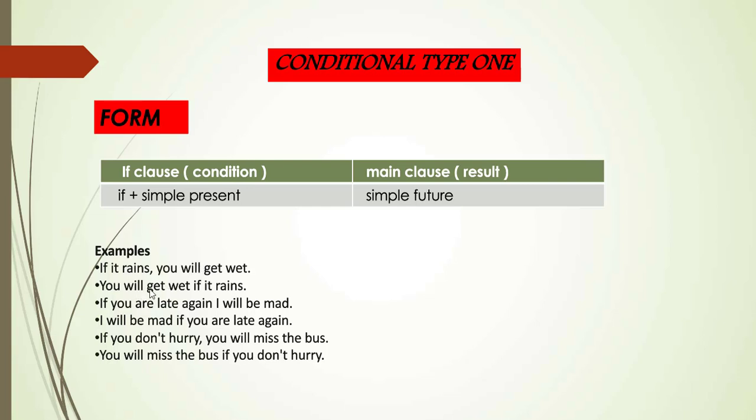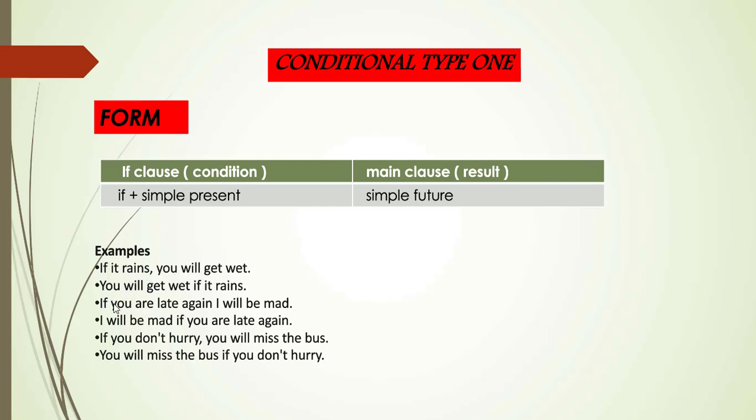"You will get wet if it rains". So here we have the main clause "you will get" in simple future, and in the if clause we have "it rains". Here the same thing: we change the arrangement of the if clause and main clause, and when we change it, the meaning does not change.